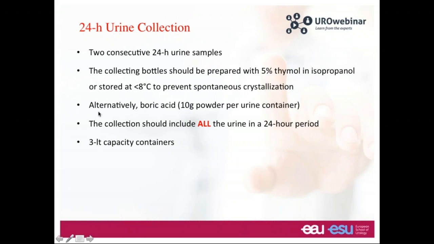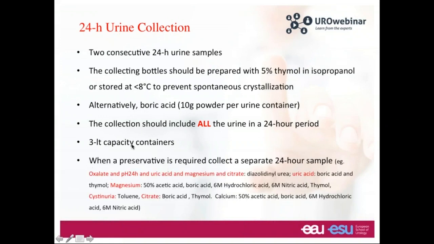So you have to advise your patient to take a 3-liter capacity container, and you have to ask the laboratory what exactly they want to add as a preservative. It's not for us to do it, but everybody knows that they use it.